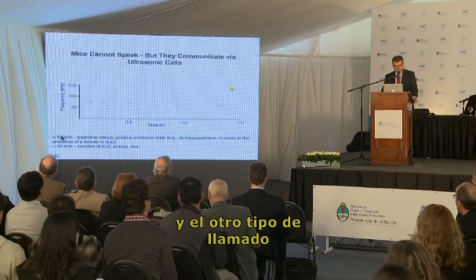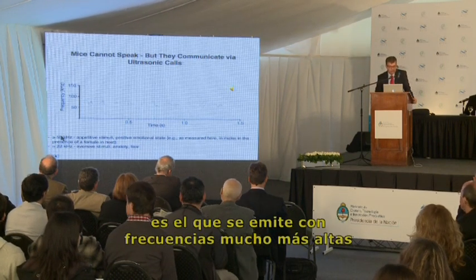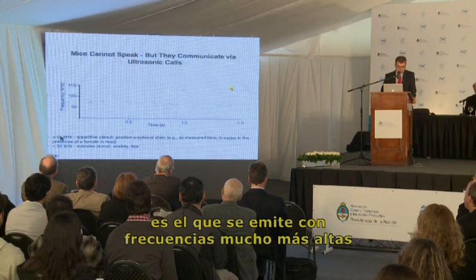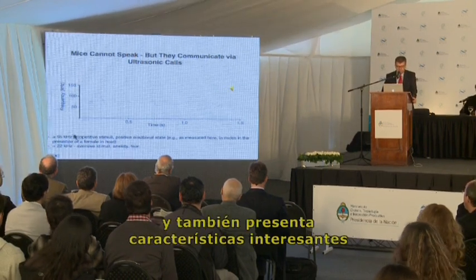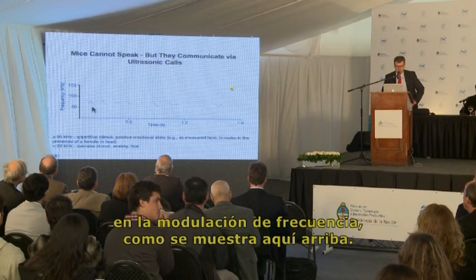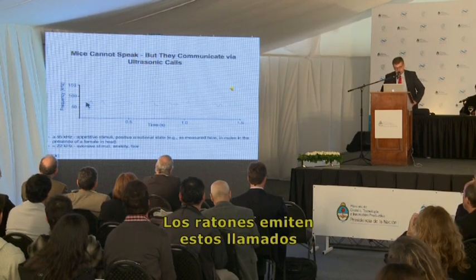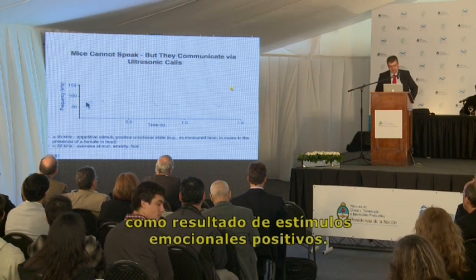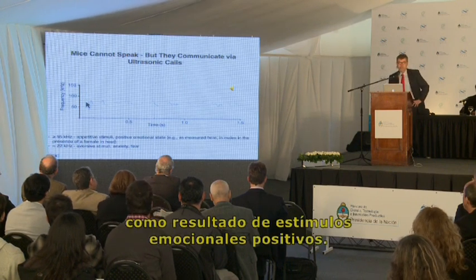And then there is another type of call which is emitted at much higher frequencies, and also has interesting frequency modulation characteristics as illustrated up here. These calls are emitted by mice upon positive emotional stimulation.